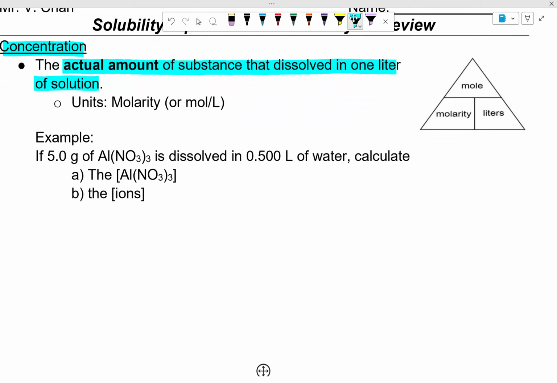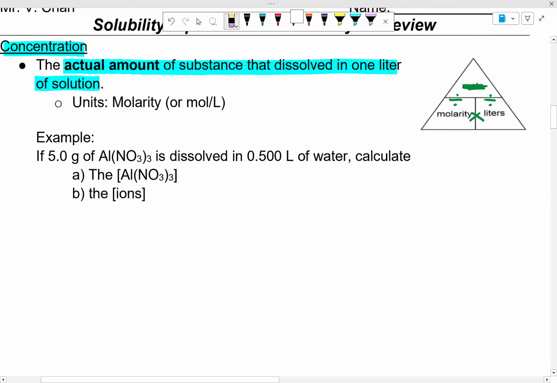In here, these are dividing, and here is multiplying. So if I wanted moles, I cross out the moles, and what we would do is molarity times liters. Conversely, if I wanted molarity, I cross that out, and it's moles divided by liters.